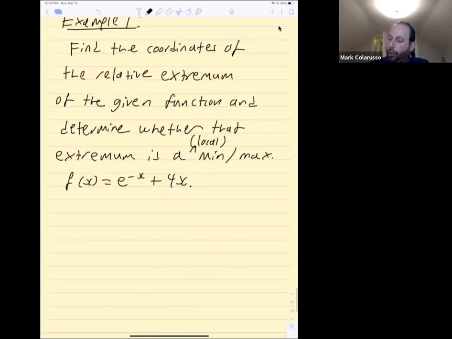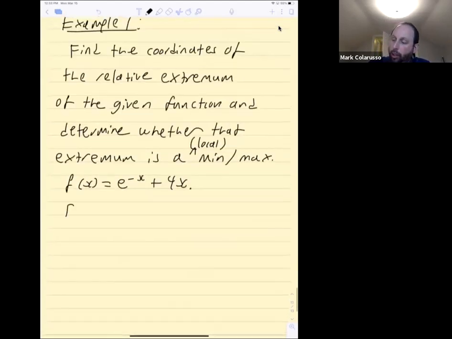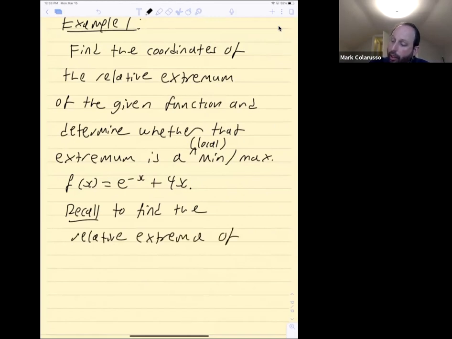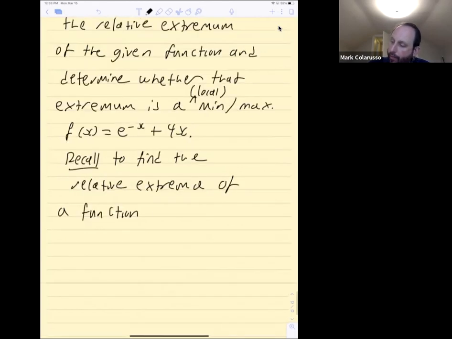Okay, so recall, this is from a couple weeks ago, but we've been doing this a lot. To find the relative extrema of a function f at x, we set f prime at x equal to 0 and solve.